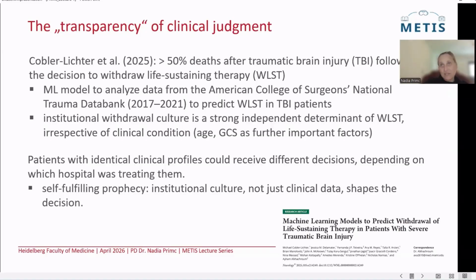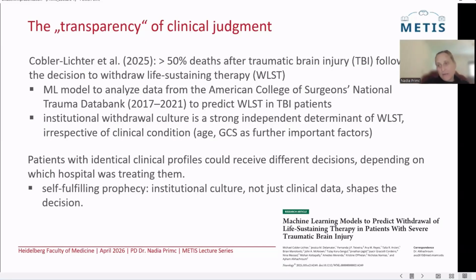And we know that the clinical decisions from clinicians that are informed by transparent scores like the APACHE-2 score or the SOFA scores may themselves be shaped by additional factors that are neither visible nor consistent, and neither visible to the family and maybe also not so conscious to the physician, to the healthcare team itself.